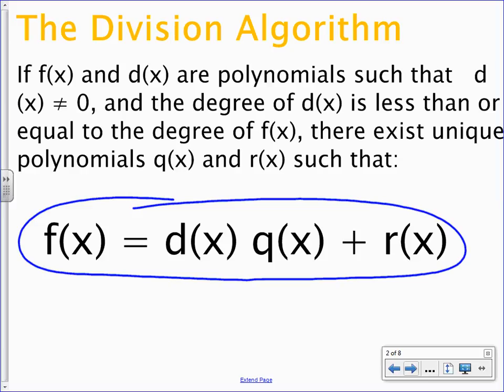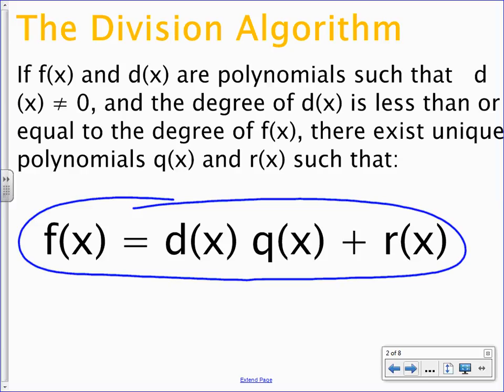Instead of writing it as the dividend over the divisor, this gives us a way to write the dividend a little bit differently. This is probably the least important thing we do today, but I want you to know what it means.